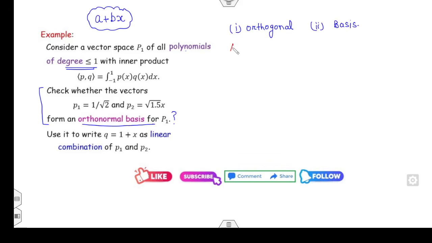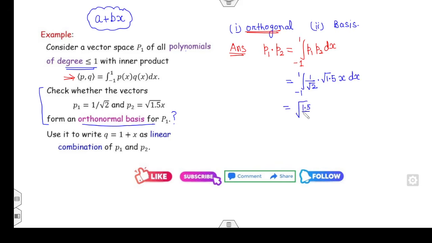Very simple again. Firstly, we will check whether they are orthogonal or not. There are only two vectors. Your target is to prove that P1 dot P2 is zero, using the definition of the inner product: the integration from -1 to 1 of P1 into P2 dx. So can you find the integration? P1 is 1 divided by root 2, and P2 is root 1.5 times x.